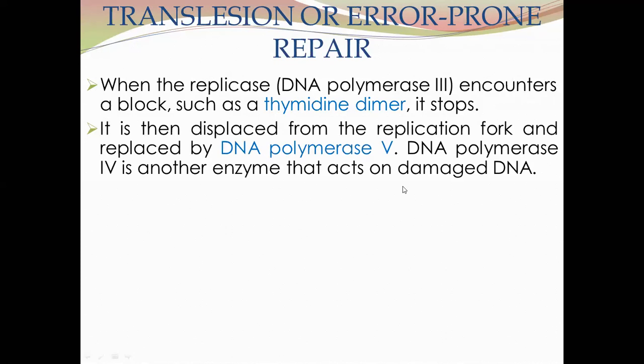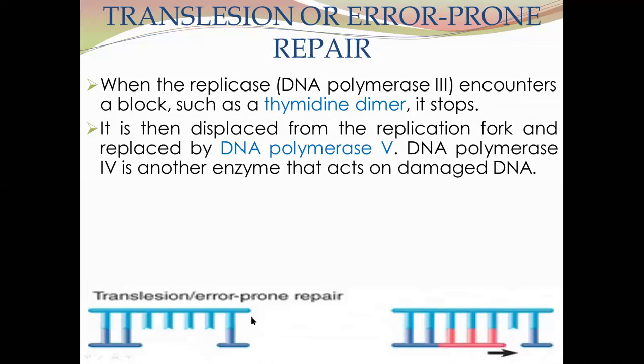Another polymerase enzyme which can act on damaged DNA is DNA polymerase IV. So both DNA polymerase IV and DNA polymerase V can act on damaged DNA and they can continue the replication process.